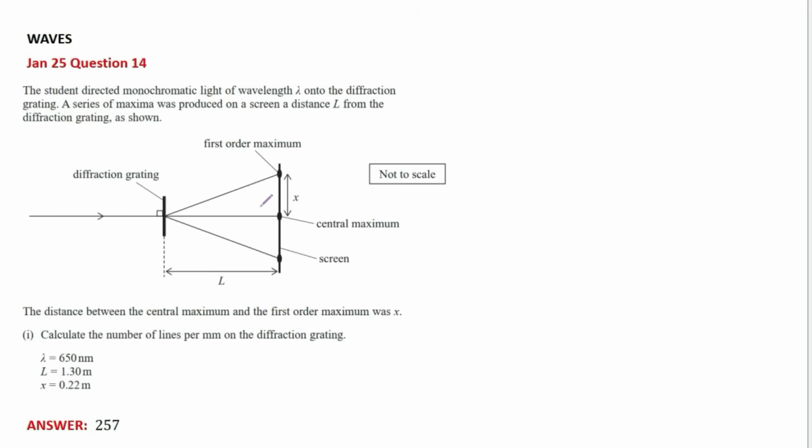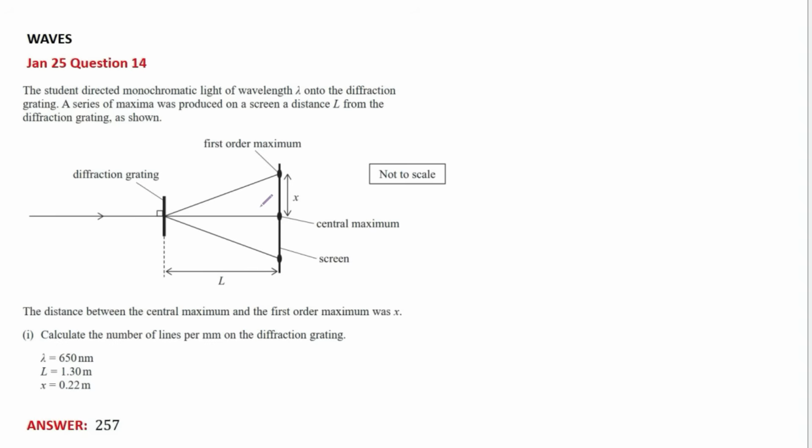Question says, the student directed monochromatic light of wavelength lambda onto the diffraction grating. A series of maxima was produced on the screen, a distance L from the diffraction grating as shown. The distance between the central maximum and the first order maximum was x.